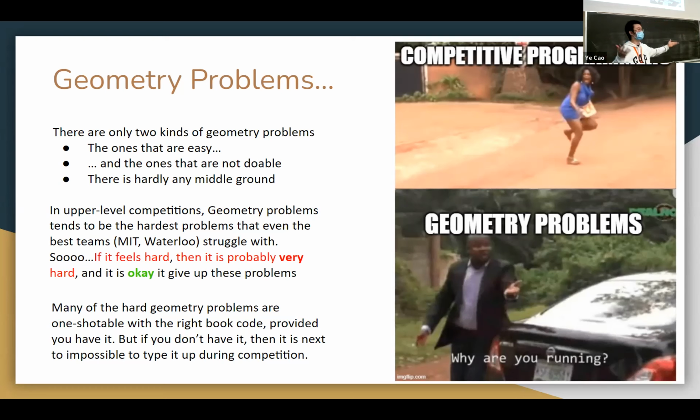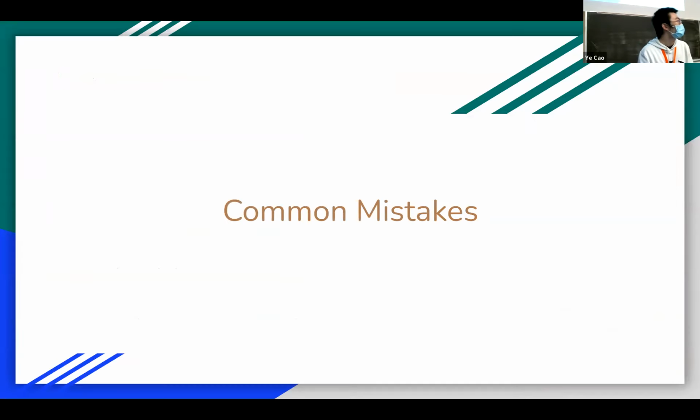If you don't have the correct book code, then it is nearly impossible to code up a robust, correct geometry routine on the fly during a competition. So have a lot of geometry templates, and if you don't, and the problem is hard, think about giving up. It's okay. Next, I will talk about common mistakes that beginners and even intermediate competitive programmers tend to make.